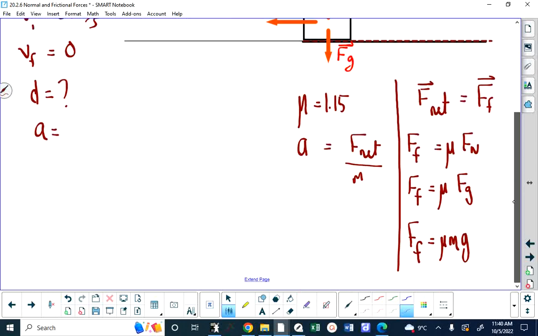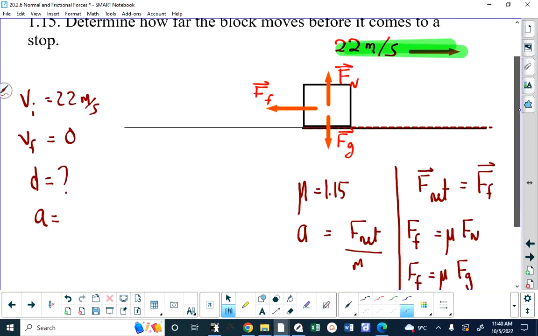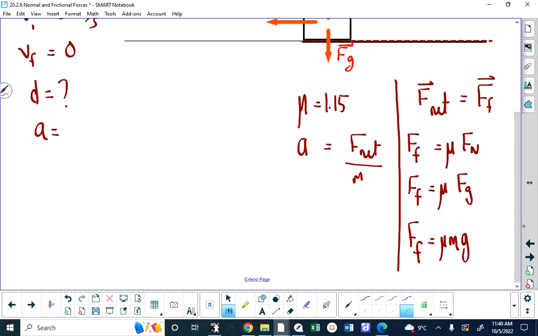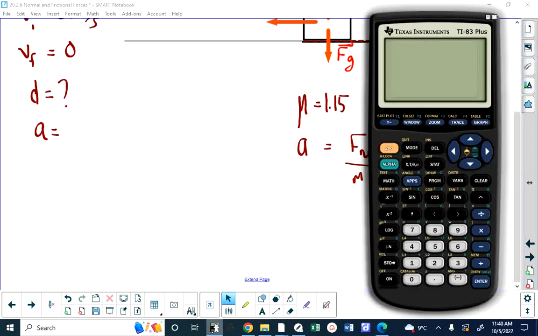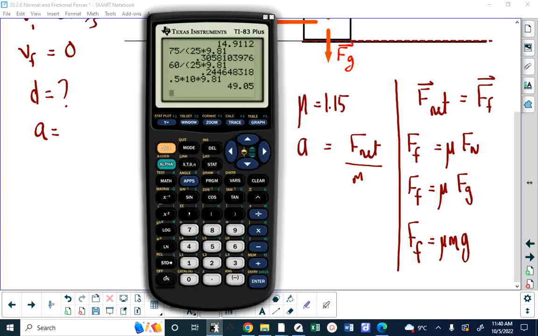You're going to take 5 times 9.81 times the coefficient of friction of 1.15. I get 56.4 newtons.